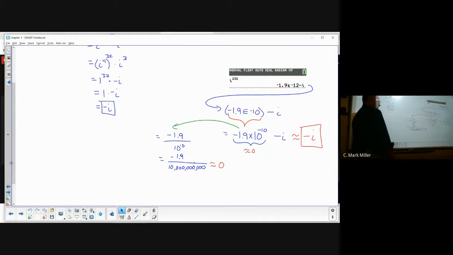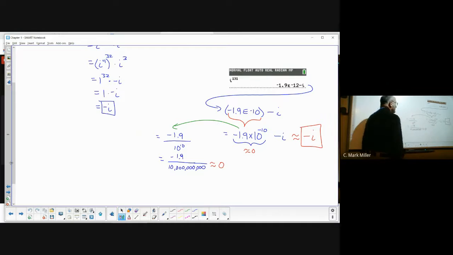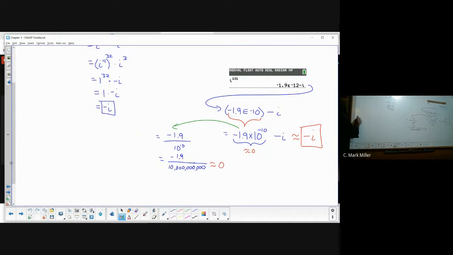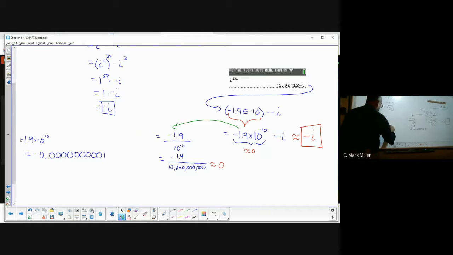I should say, if you were going to write this out, just one more thing to write here: minus 1.9 times 10 to the negative 10th. That would be, are you ready? Minus 0.00000000019.